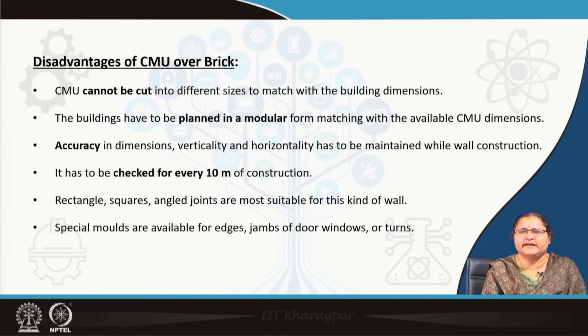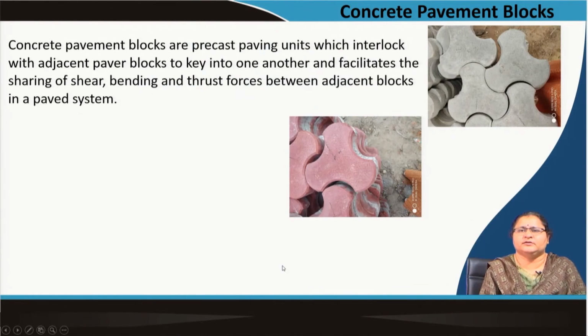For every 10 meters there should be a check. It is preferred that shapes are square or rectangular, angles are not very suitable, and special pieces can be ordered or manufactured according to requirement. Now, let us move to the third item, which is the concrete pavement block.